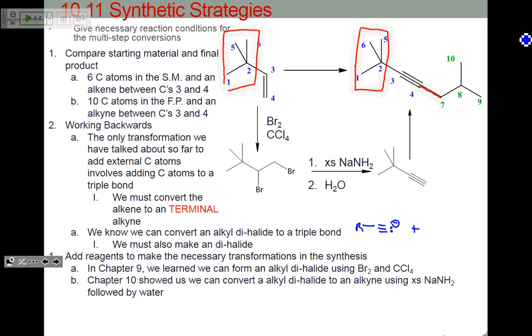So, in an SN2 reaction, what does our electrophile look like? It's a molecule that contains carbons. What else? What do we need for an SN2 reaction to occur? It has to have a leaving group.